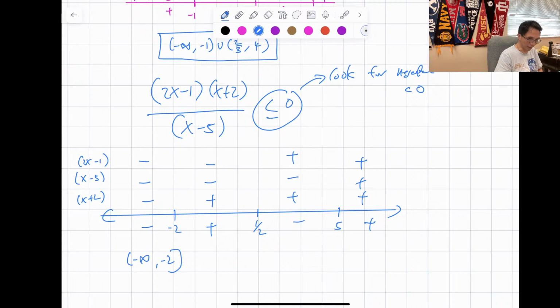Is it including 1/2? Yes. Is it including 5? No. Do you guys know why it's not including 5? Because you cannot divide by 0. So this can be included, this can be included, this is not included, because 5 is in the denominator.